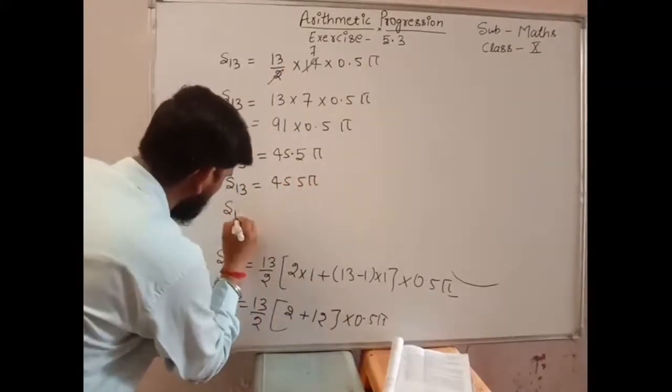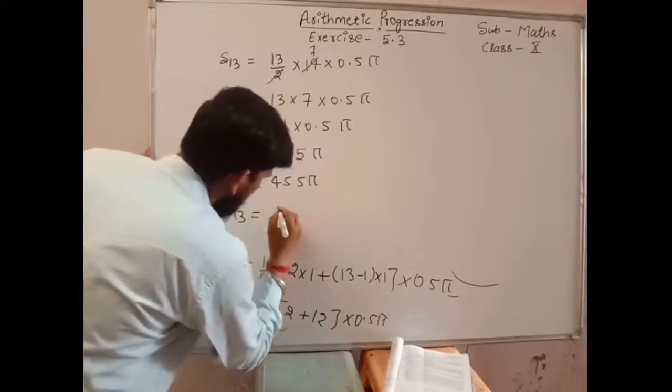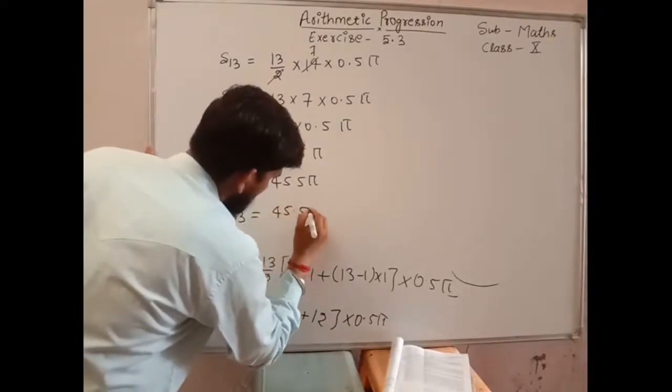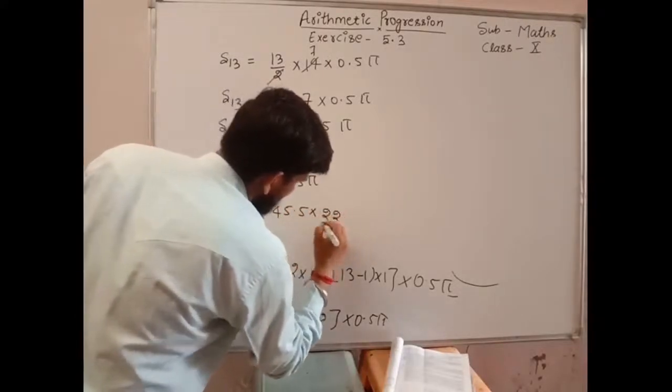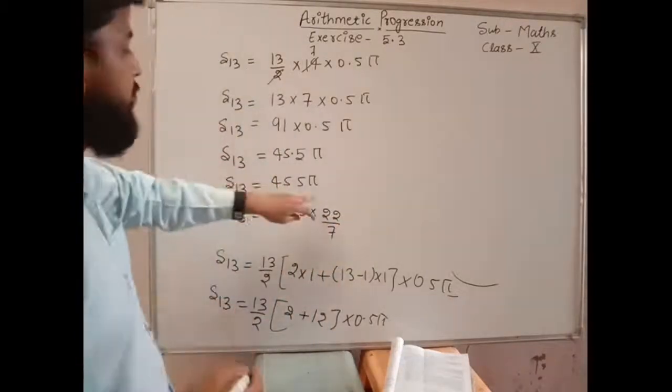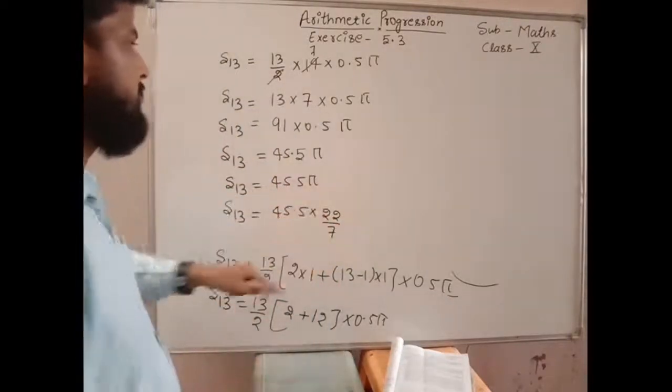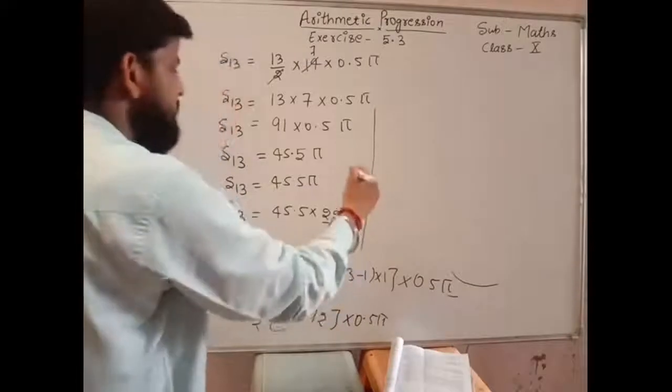Now put the value of pi. So 45.5 multiplied by 22 upon 7. The value of pi is 22 upon 7. Now calculate this part.